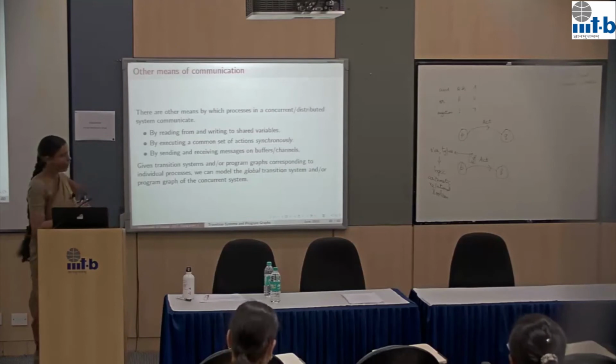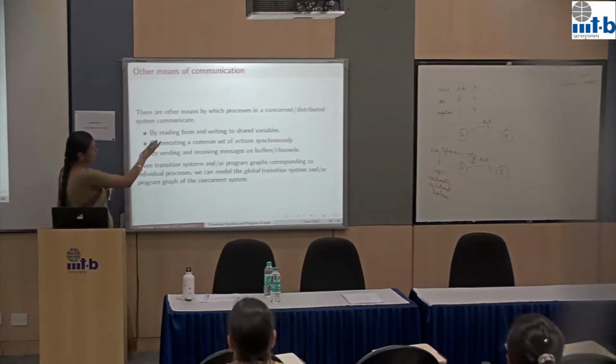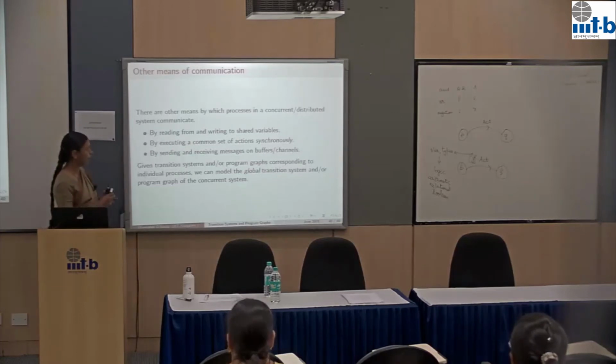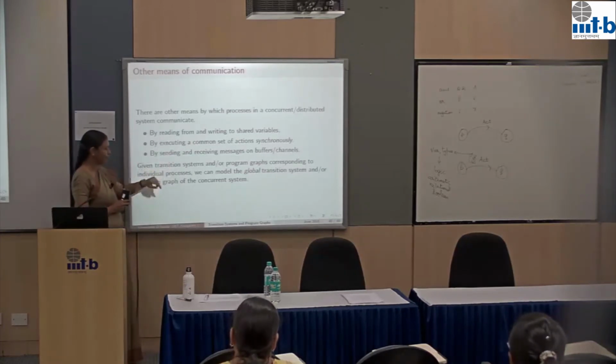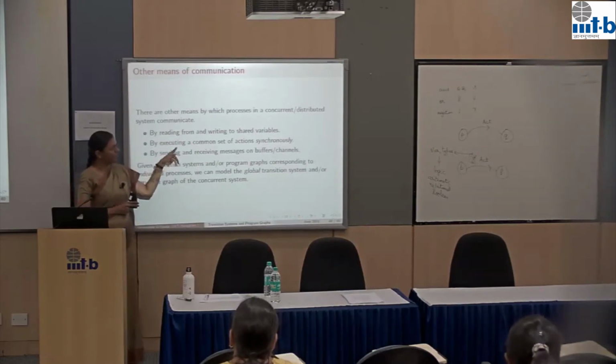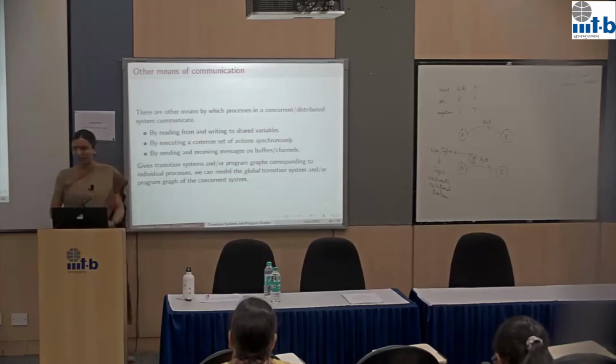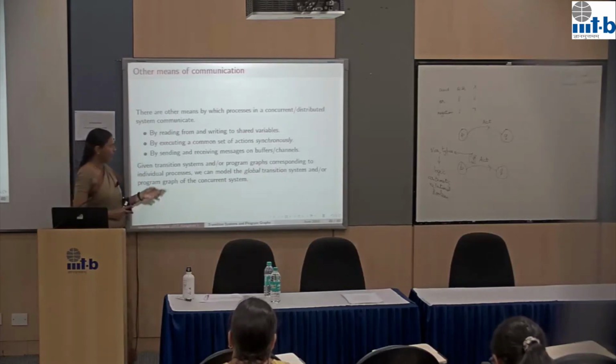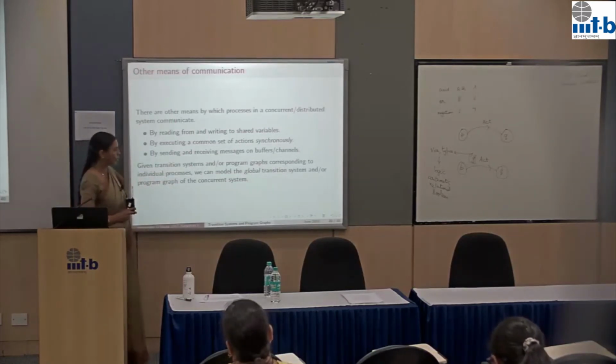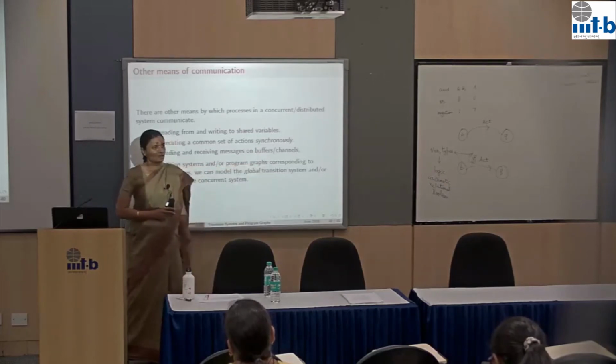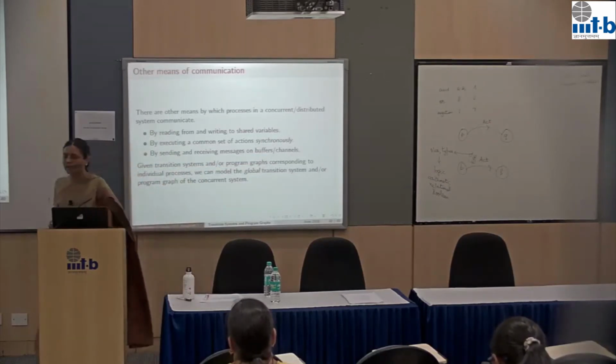Similarly, it's not easy to write these global transition system models. It will take me half an hour, 1 hour to explain. You can come up with models for the other three means of communication. Shared variables, then I told you, right, working on a common global clock and synchronously executing actions, or sending and receiving messages on buffers and channels. So we assume that buffers are of bounded capacity.